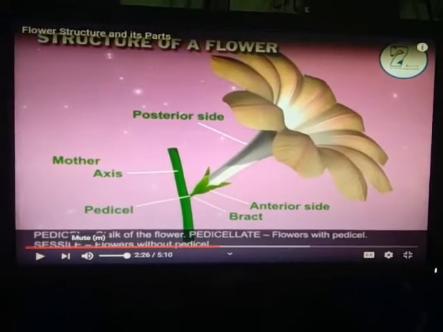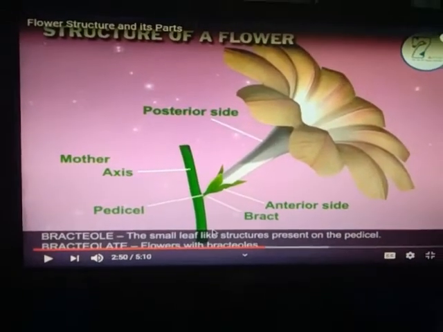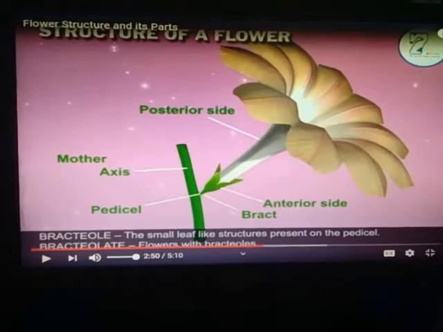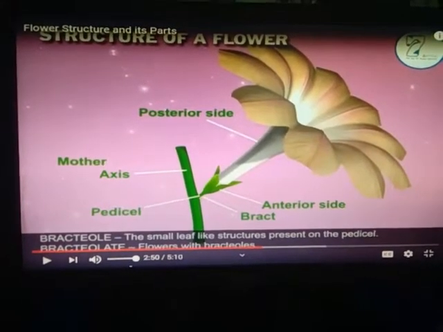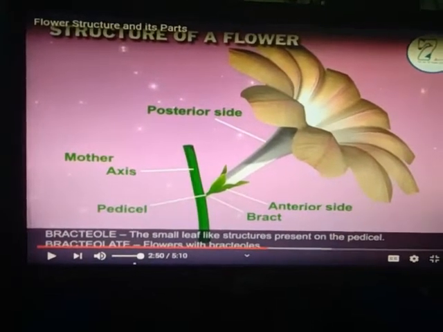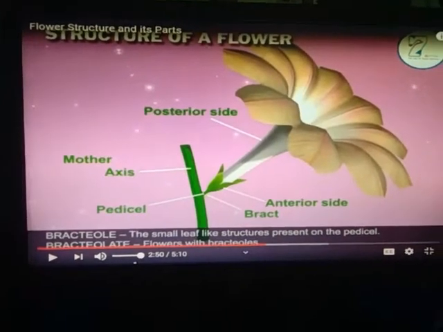A flower without pedicel is called a sessile flower. Now two main terms arise here. First one is bracteole, the small leaf-like structure present on the pedicel. A flower with bracteoles is called a bracteolate flower.